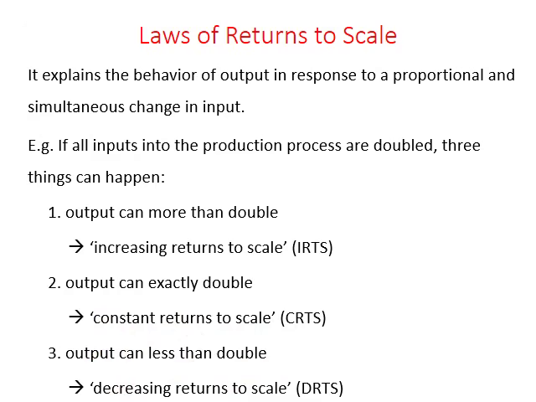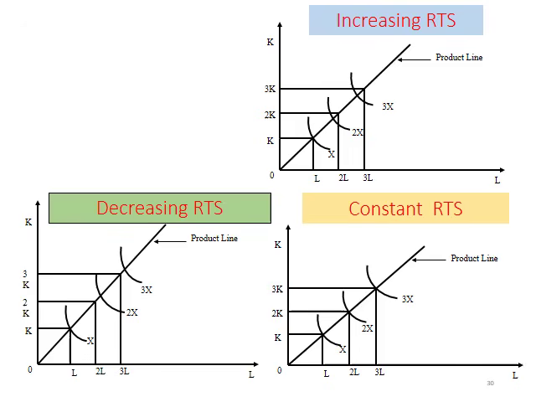Let us see graphically. Here, as you see, the first inputs are K and L. As we double them, it becomes 2K and 2L. During that time, the output will be this one, which is less than 2x. So it is a decreasing return to scale.